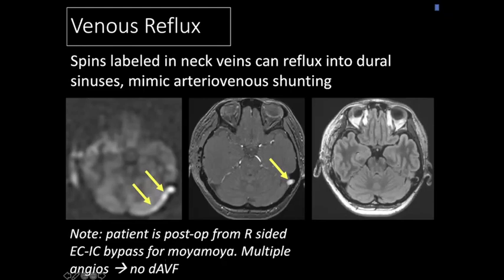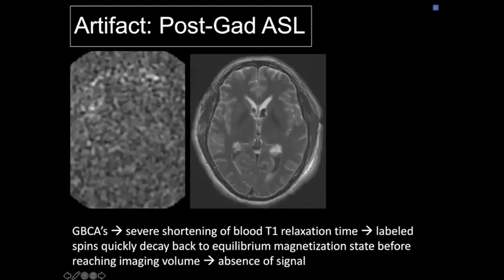This patient had undergone multiple angios, and there was no dural arteriovenous fistula or other shunting lesion. So this was simply venous reflux, and you can see, for example, that the transverse sigmoid junction looks normal on this axial FLAIR.